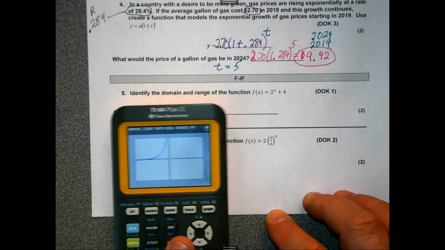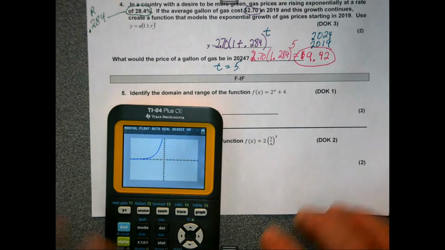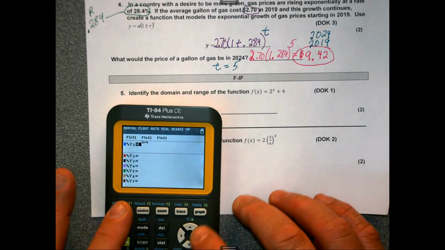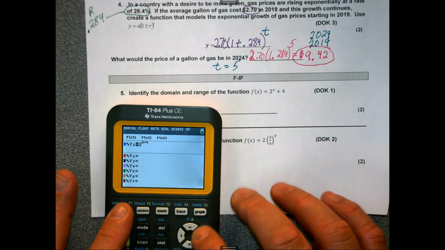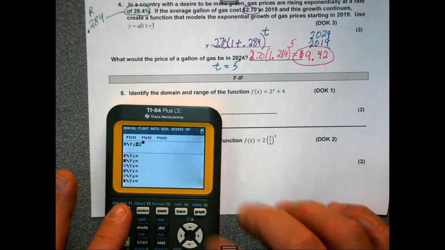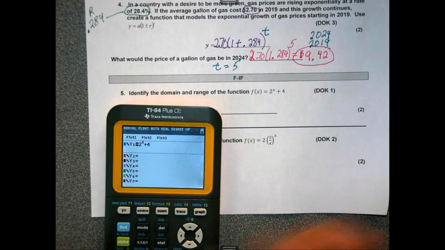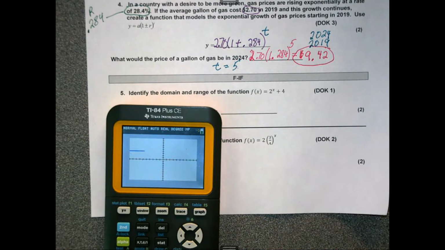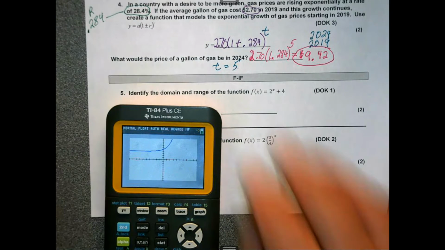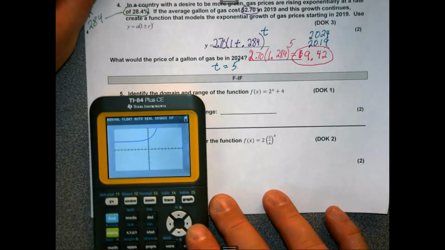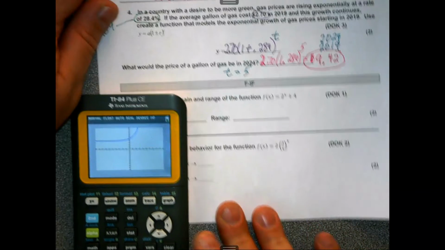My graph came out different. Yeah, I put the 4 in the exponent. Okay, so there's what my function looks like.